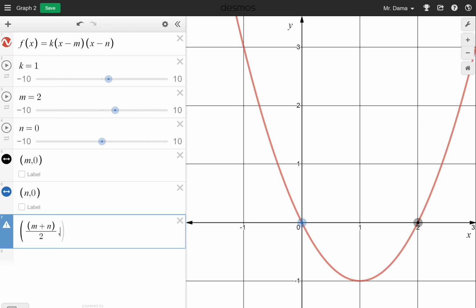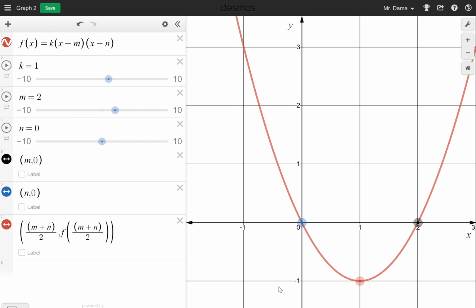Well, that is f of m plus n divided by 2, whatever the function's value is at that point. Right? Ain't that some crazy stuff?